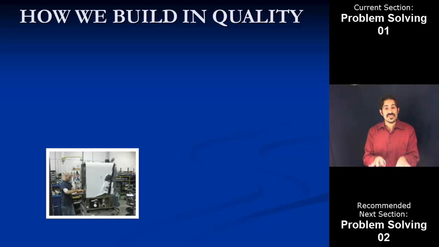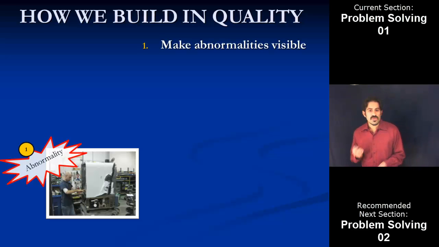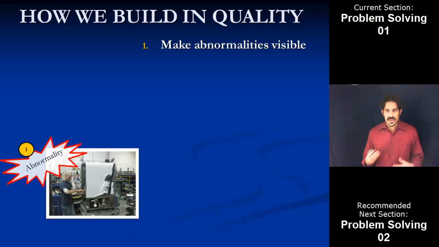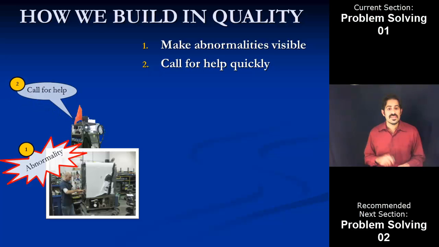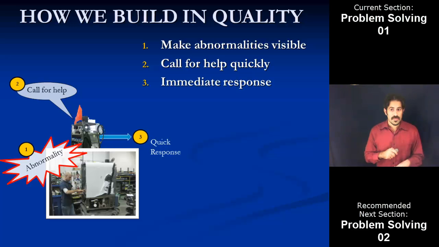So when we look at, okay, how do we actually do that? Talk about building quality in at each station and making sure that we don't pass defects. Well, it requires a few things. So the first thing, we've got to make the problem visible. The operator or whoever is doing this step needs to be able to understand that a problem has occurred, right? So they've got to be able to see that abnormality. Then they have to have a mechanism to call for help and say, I've got an issue, something is wrong, I need to know what to do about this.